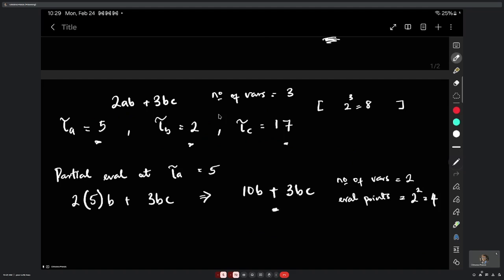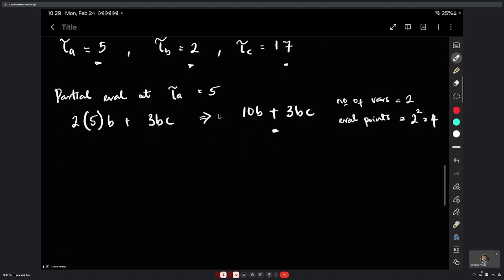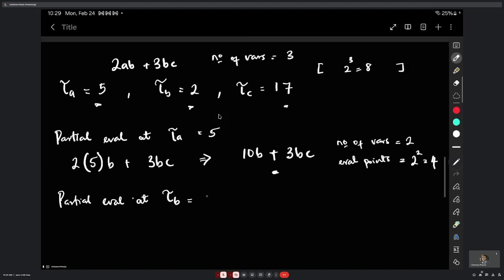With this new polynomial, we want to partially evaluate at B again, because full evaluation is consecutive partial evaluations. We partially evaluated at A, so the next thing is to partially evaluate at B: partial eval at tau of B equal to 2.